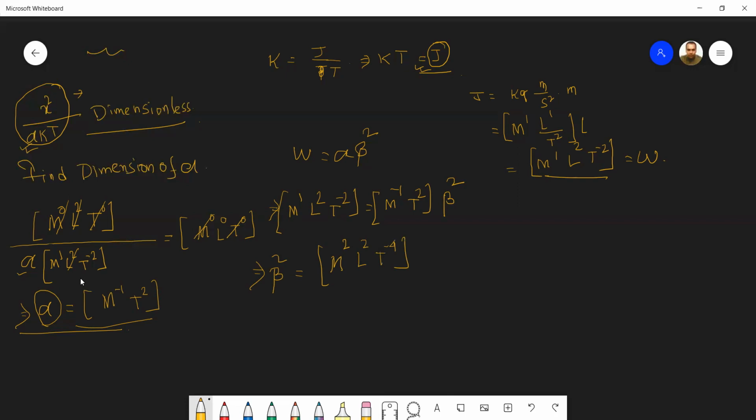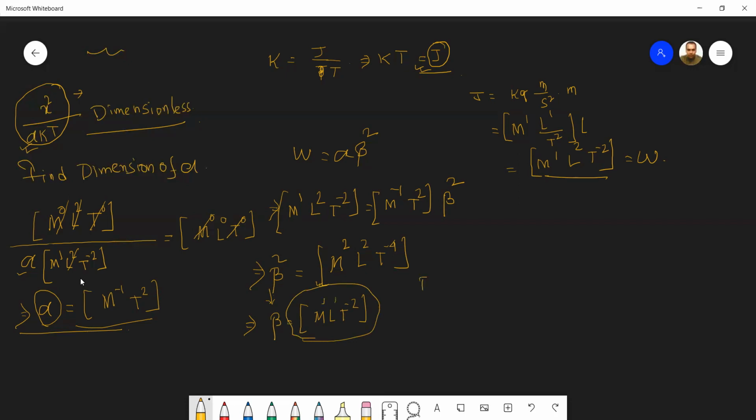What would be the unit of beta? Just take the square root of this quantity. M square, square root is M. L square, square root is L. T to the power minus 4, square root is T minus 2. In other words, M1 L1 T minus 2.